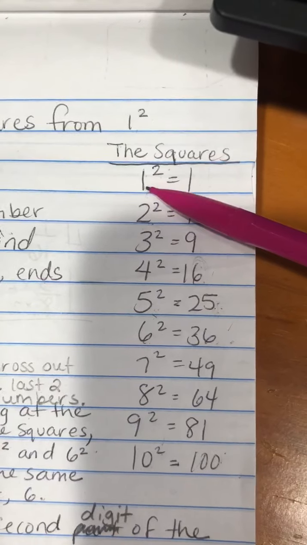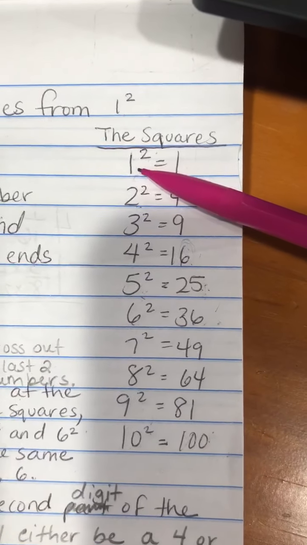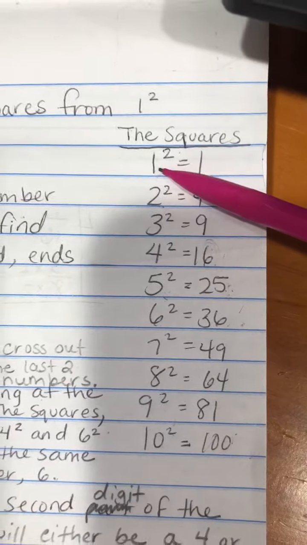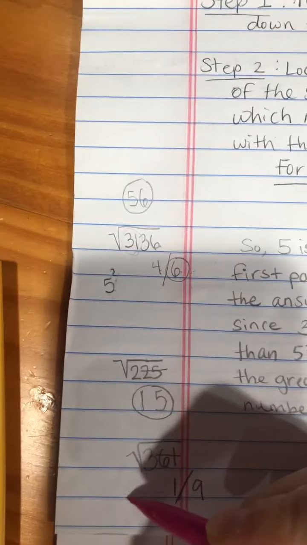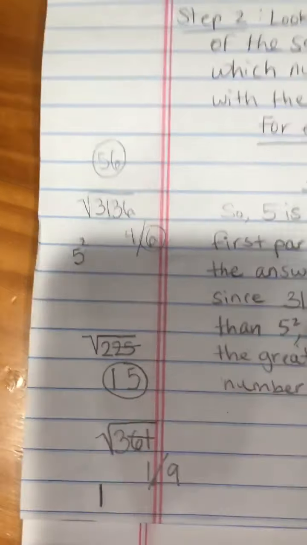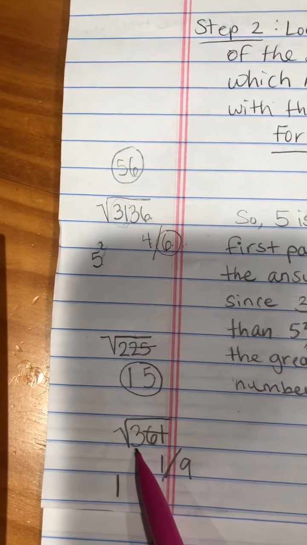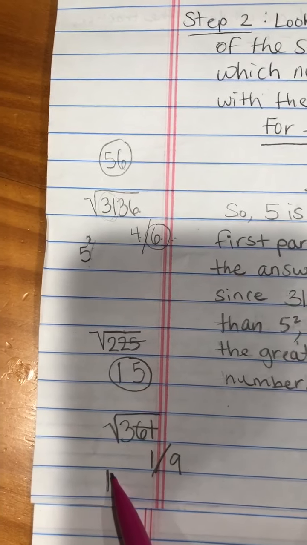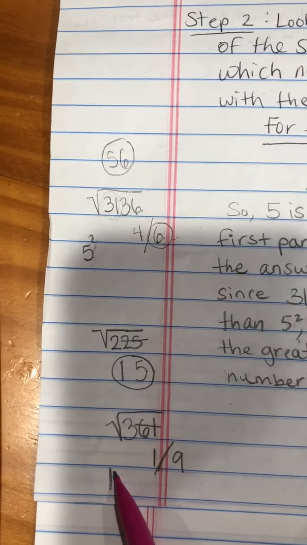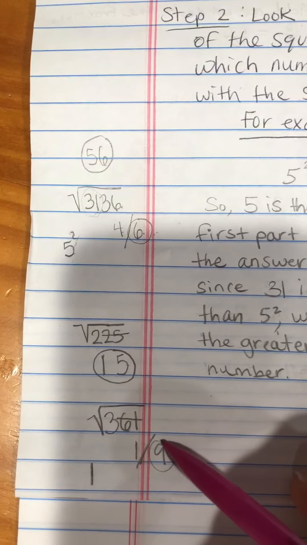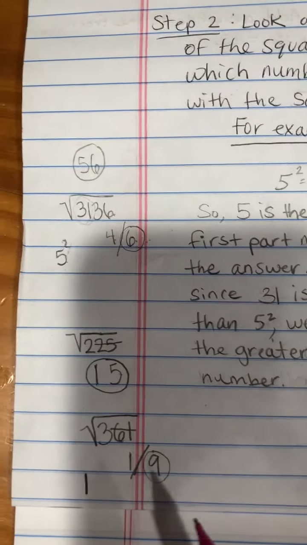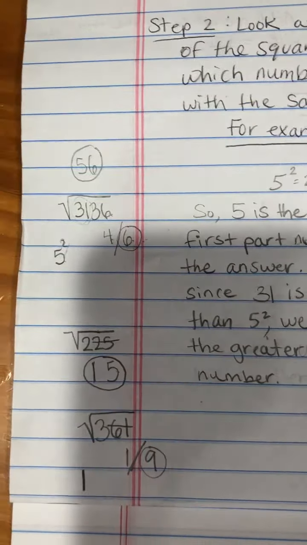So that means the first digit in the answer is this base number, 1. Three is greater than 1 squared. Therefore, I'm going with the greater of the two numbers that I had in the beginning. So my answer is 19.